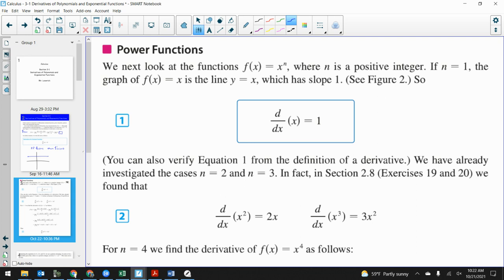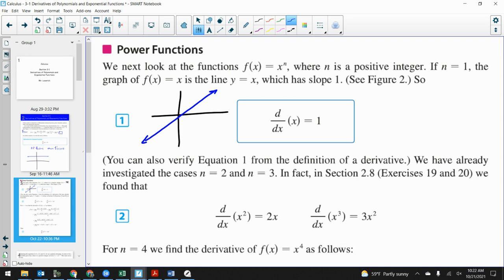If I wanted to graph y is equal to x, let's picture it in our brains. That's just our diagonal line running through the first and third quadrants, right? What's the slope of that line? 1. Does it ever change? No. So that must mean the derivative of y equals x must always be 1.